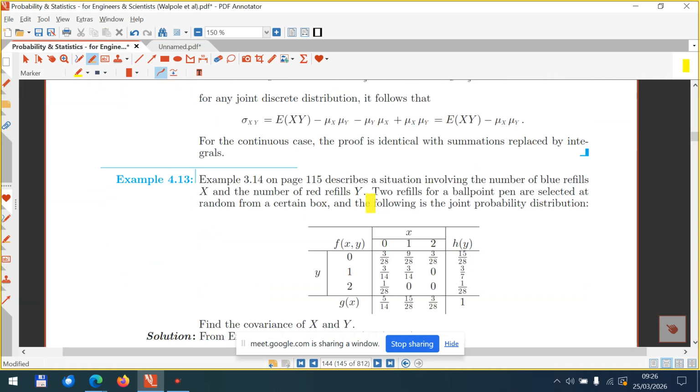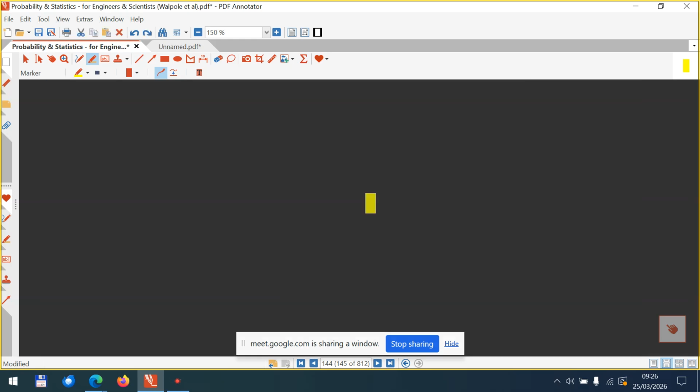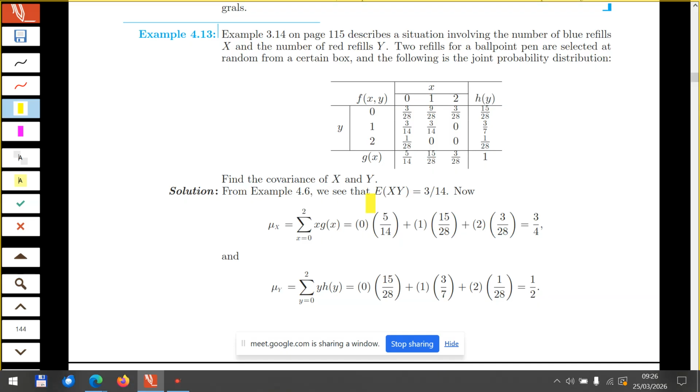And this is a very simple practice example. You have two random variables and the joint distribution is given to you. These are values of x, these are values of y, and these are marginal distributions. He is repeating a previous example, 3.14.